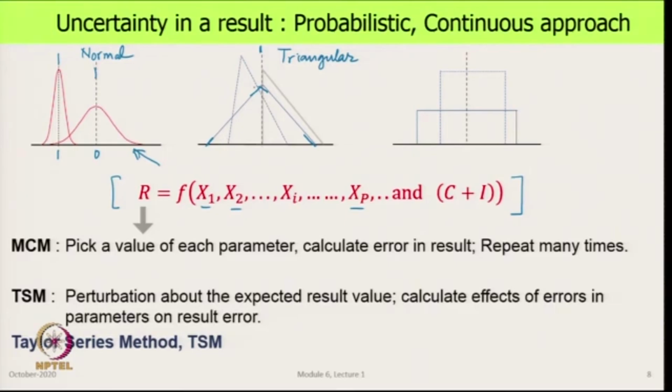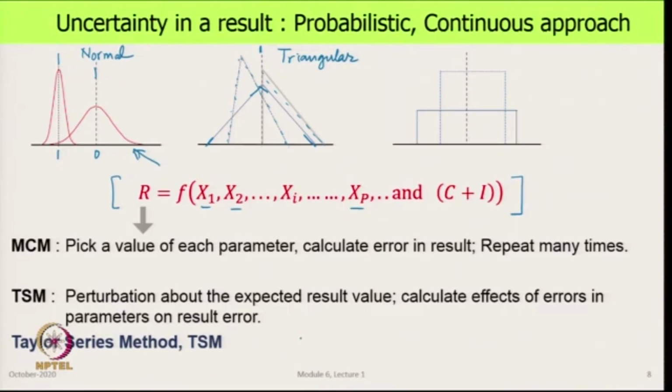It could be asymmetric, like it has been shown here with this dotted line. It goes up there, and from there it is coming down there. Or it could be completely one sided, where all the errors are lying on one side with certain decreasing probability.